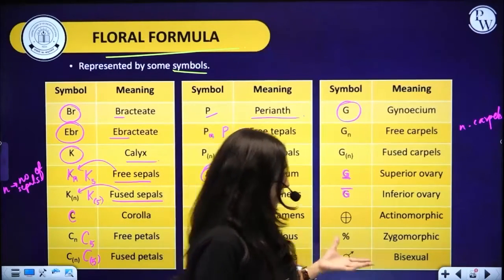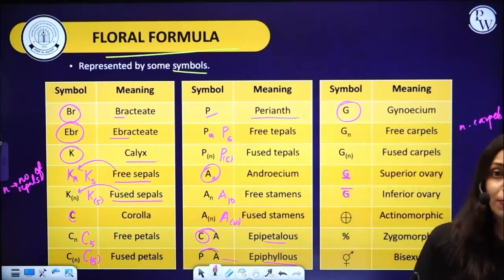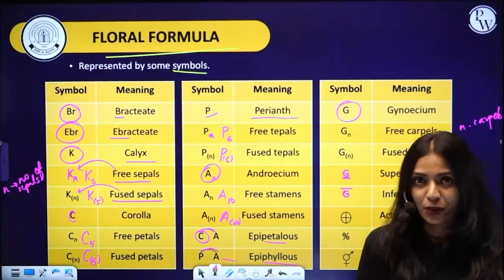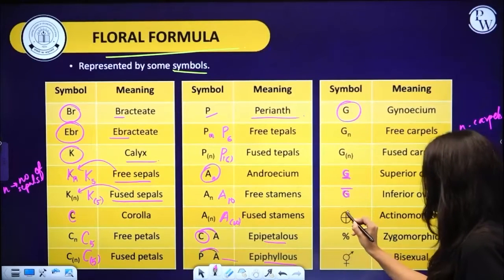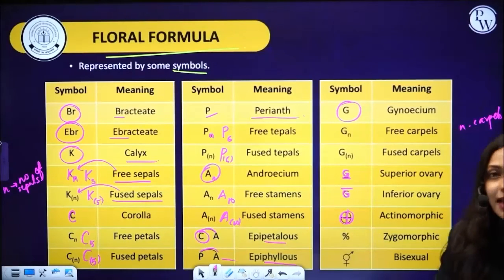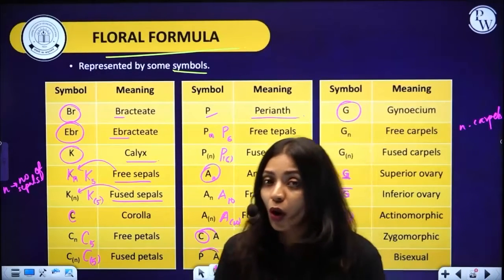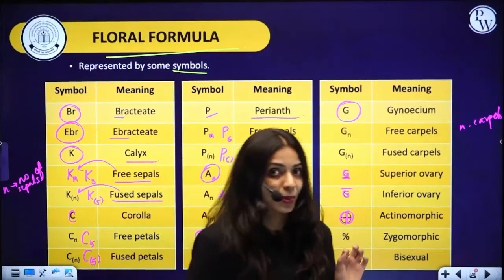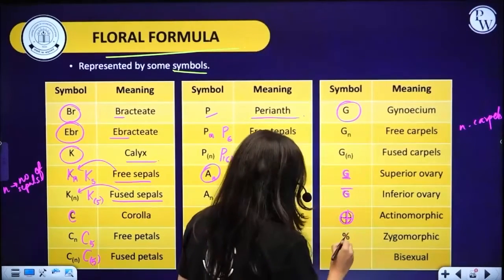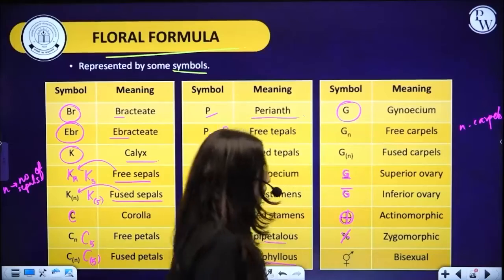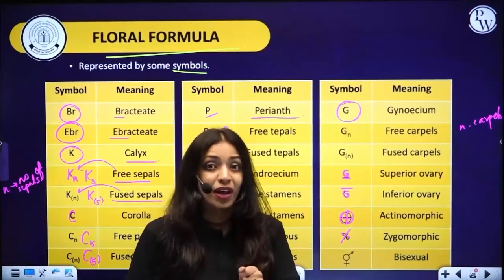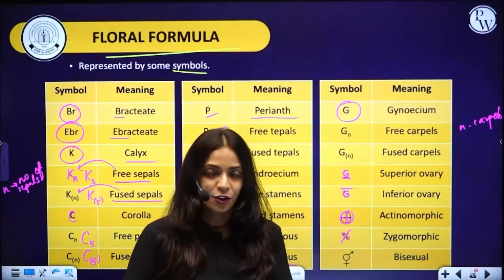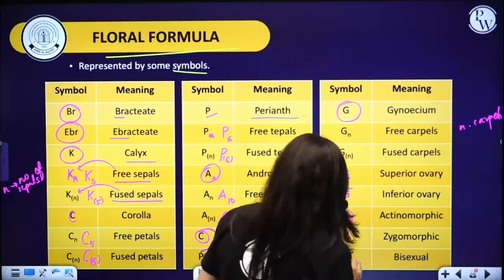Then, talking about the symbols used to represent symmetry in flowers. If flowers are actinomorphic, it's represented by this symbol where you draw a circle and a cross within the circle. If it is zygomorphic or if it exhibits bilateral symmetry, then you represent that with the help of this percentage symbol. If they are bisexual, meaning a flower has both androecium and gynoecium, then we represent it with this symbol.